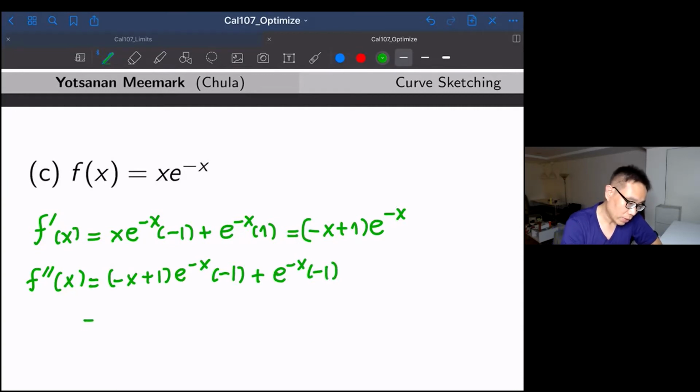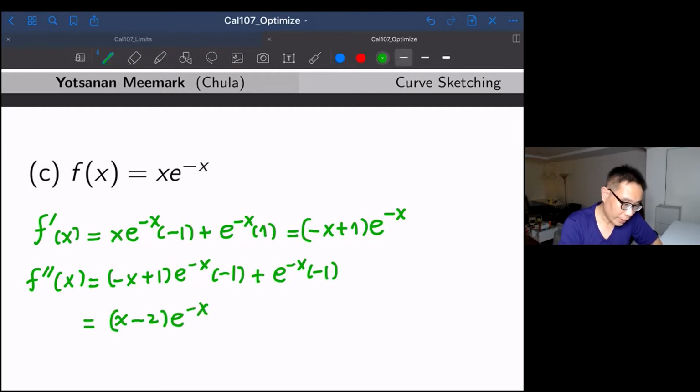Okay, and it's going to be, I would believe, minus 2, minus 1. Okay, sorry, it's going to be x minus 2 and e to the negative x.